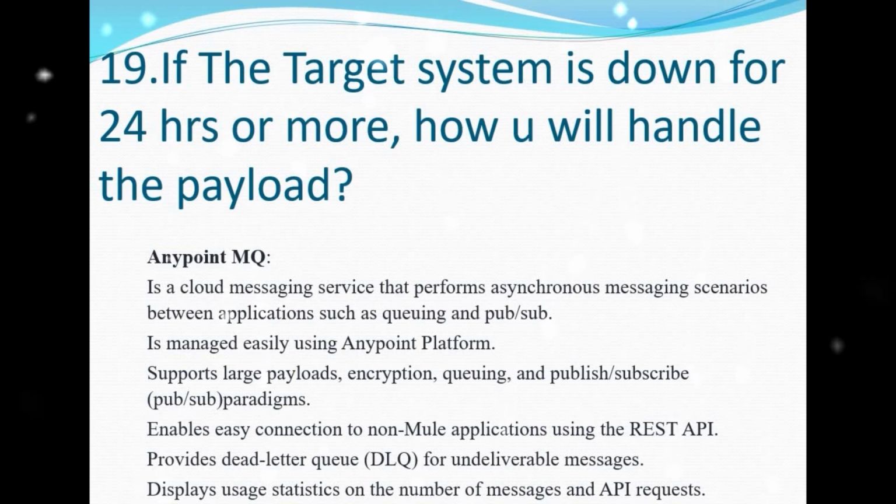Supports large payloads, encryption, queuing, and publish/subscribe paradigms. Enables easy connection to non-Mule applications using the REST API. Provides dead letter queue (DLQ) for undeliverable messages. Displays usage statistics on the number of messages and API requests.